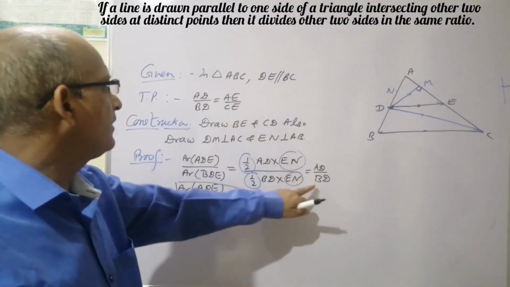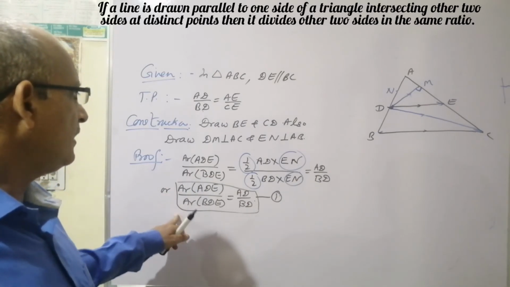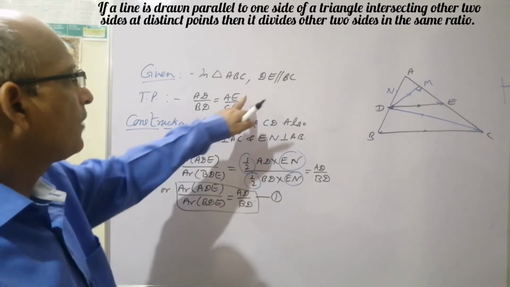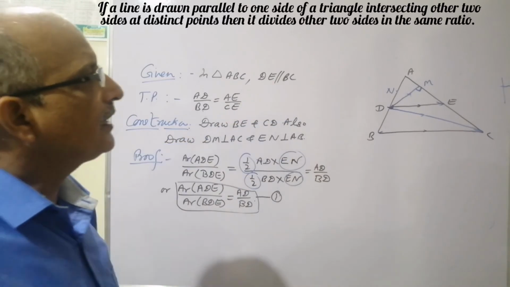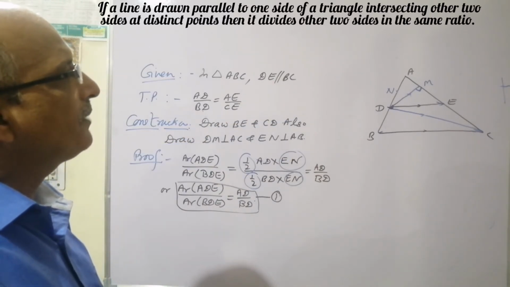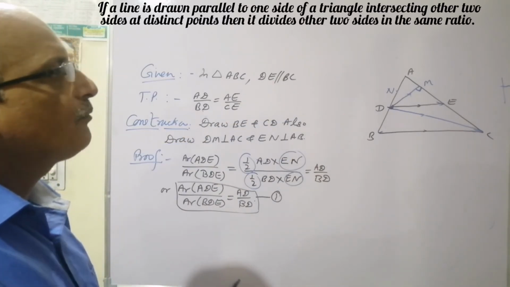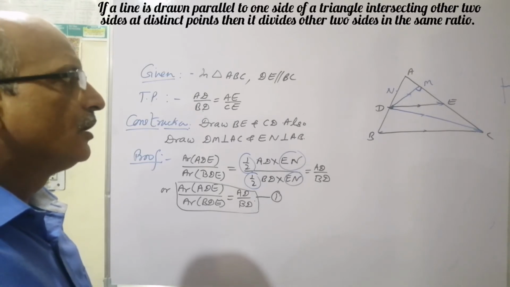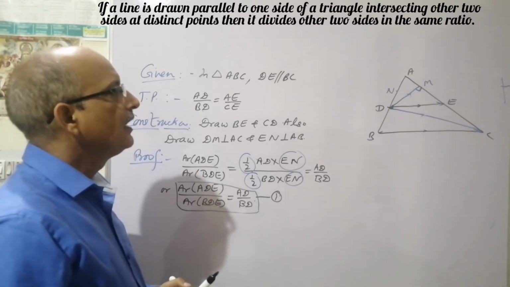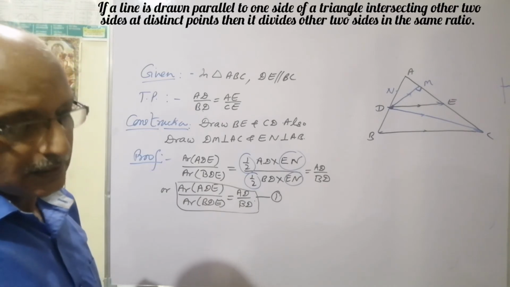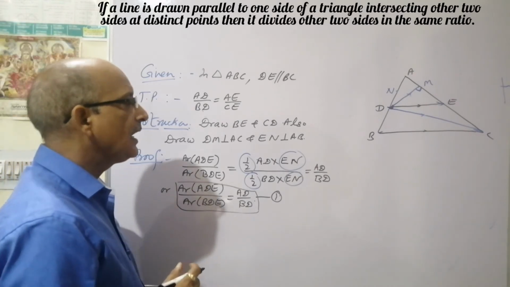For AD and BD we got areas ADE and BDE in the ratio. Now we have to get AE and CE. Look at the triangles which have base AE and base CE. So very clear, we'll have again the triangles ADE and CDE.